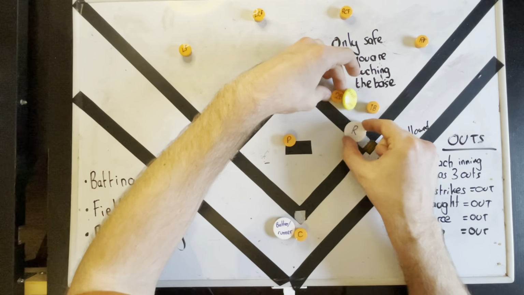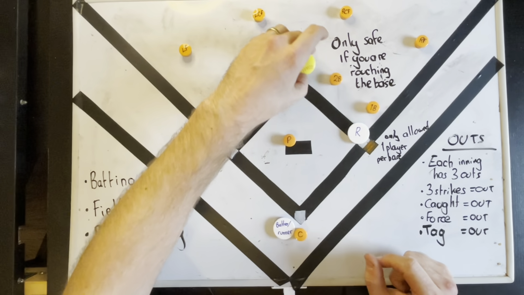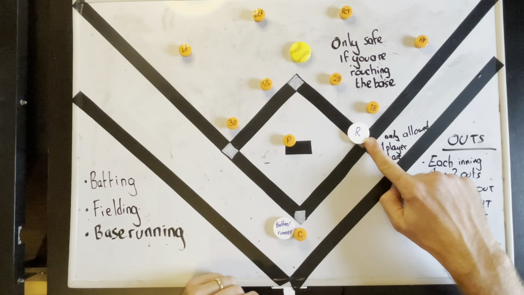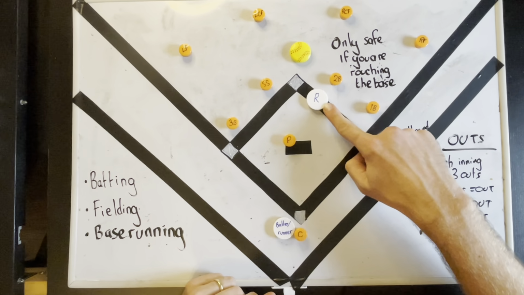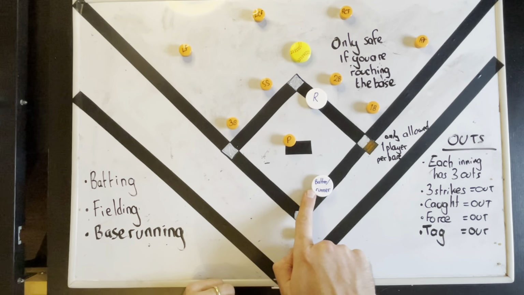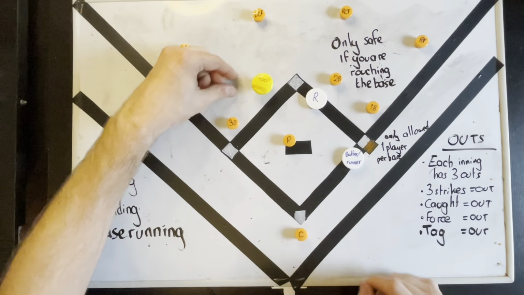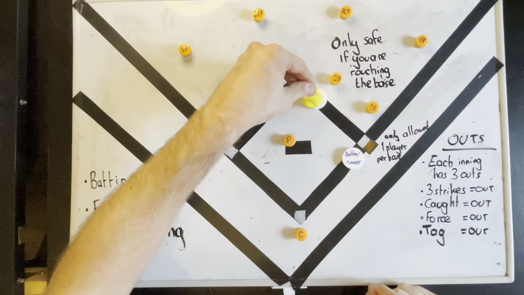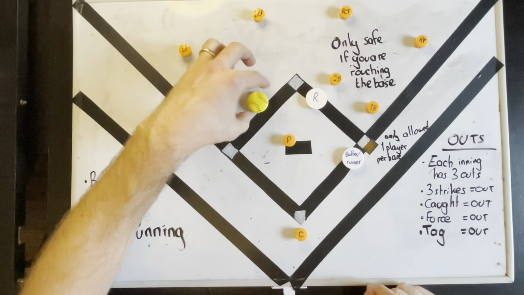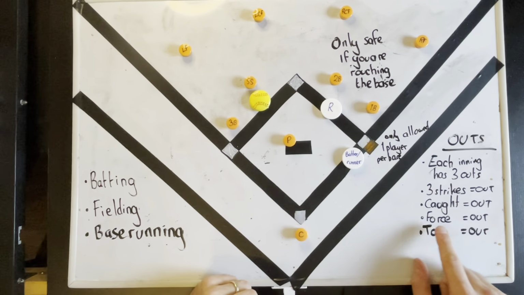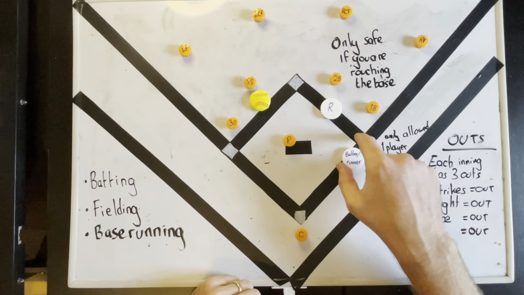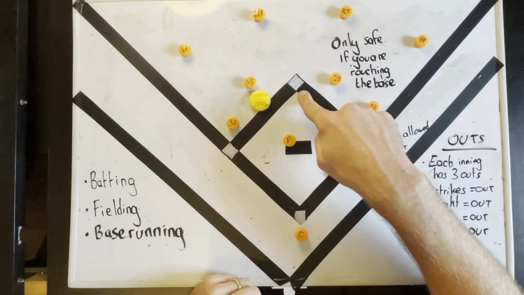being touched with the ball is quite rare, because if that runner has been forced to go to second base by this batter, then the fielding team no longer have to run to get the runner and tag them out. They can actually now race this runner to second base.